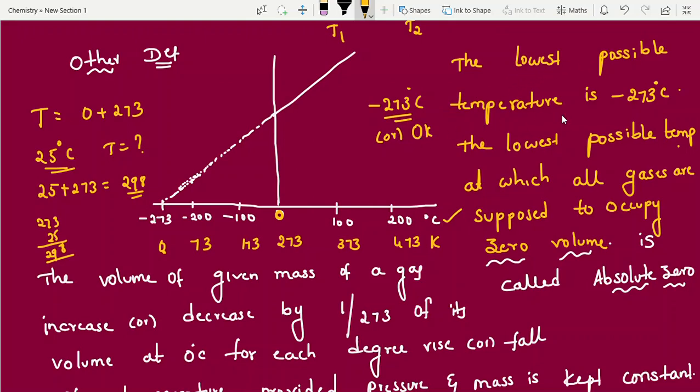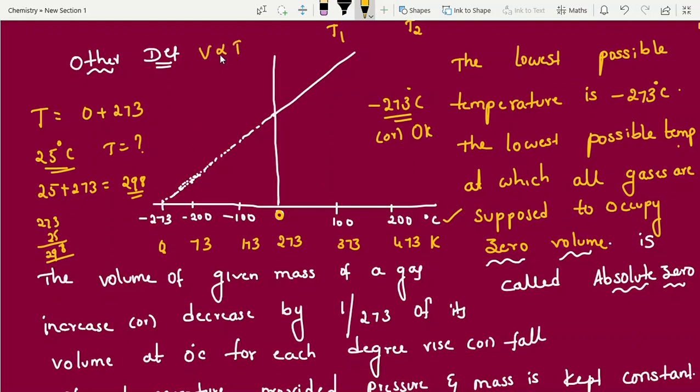The lowest possible temperature we call absolute temperature. I have written the points here: the lowest possible temperature at which all gases are supposed to occupy zero volume. Volume is directly proportional to temperature, right?